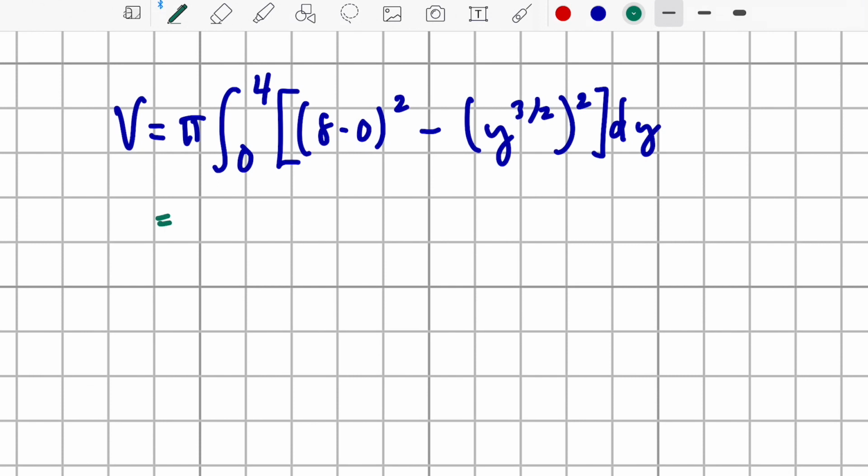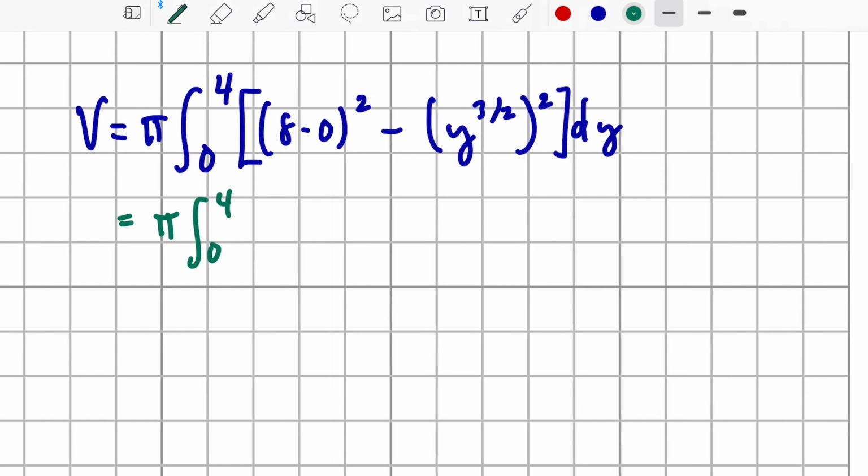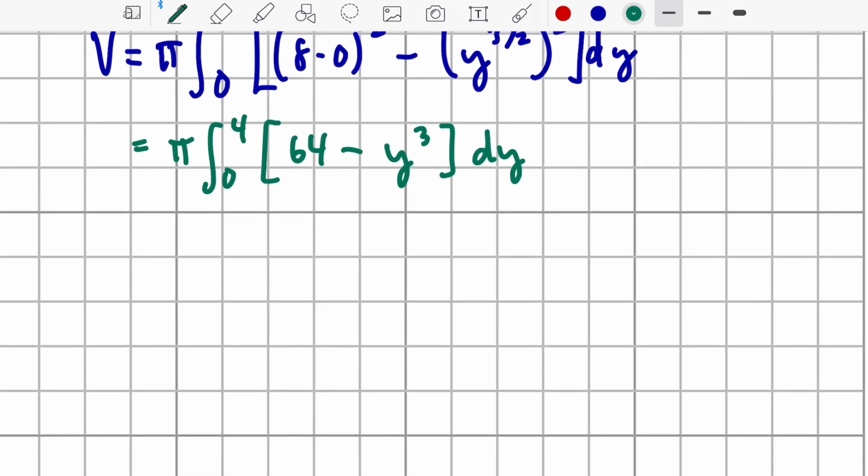So now let's simplify before we integrate by hand this time. Pi integral 0 to 4. 8 minus 0 is 8, squared is 64, minus, 3/2 times 2 gives me 3, so it's just y cubed with respect to y.